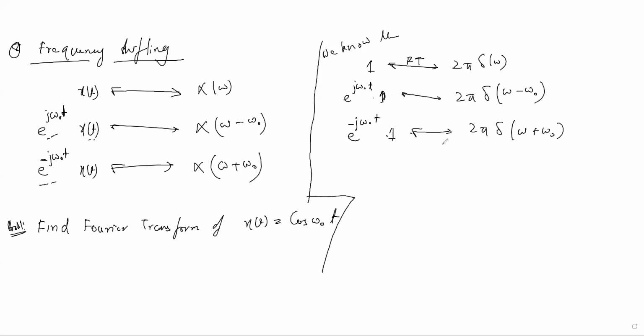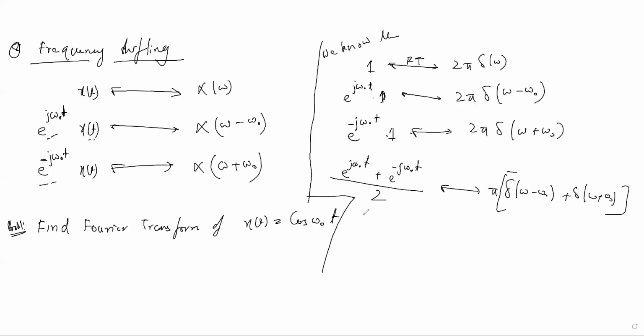Now if you sum these two signals, e to the power j omega naught t plus e to the power minus j omega naught t, and divide by 2, the sum will give pi times delta of omega minus omega naught plus delta of omega plus omega naught.